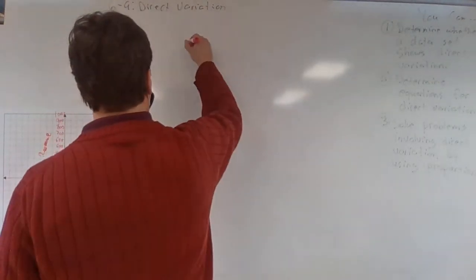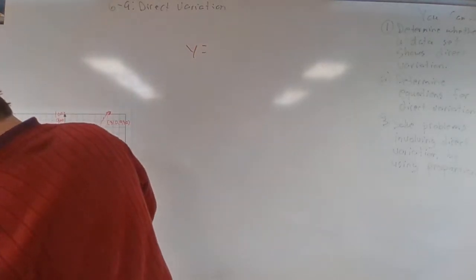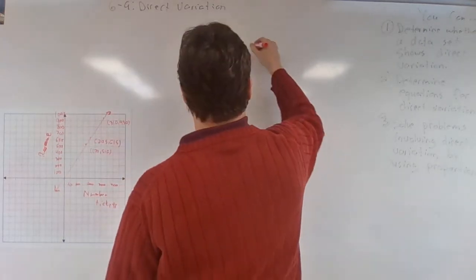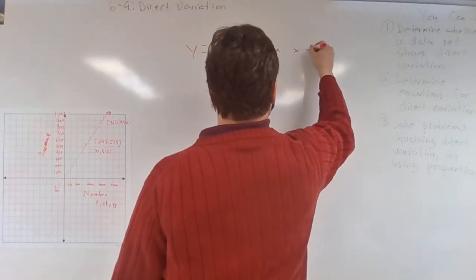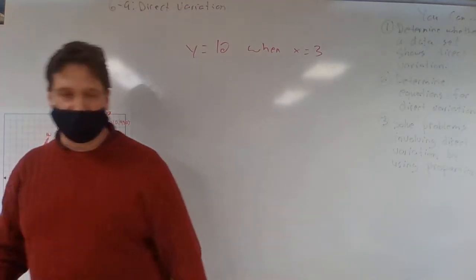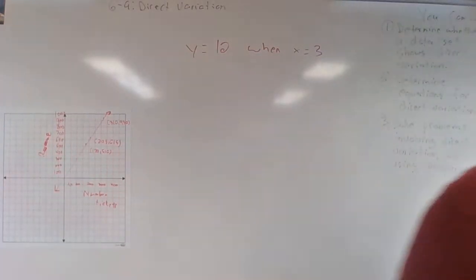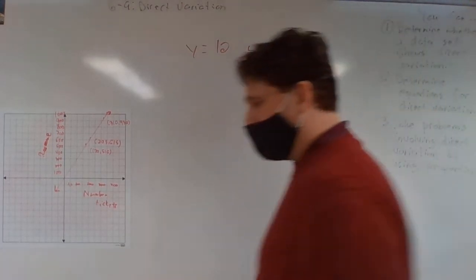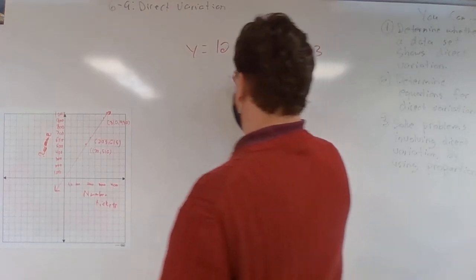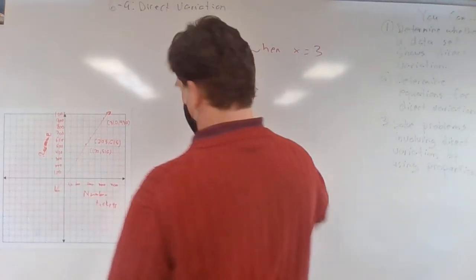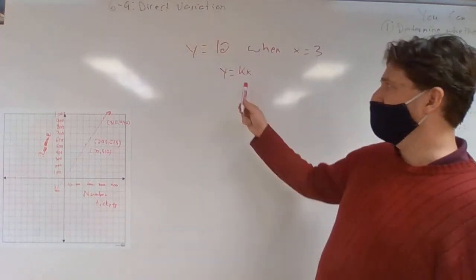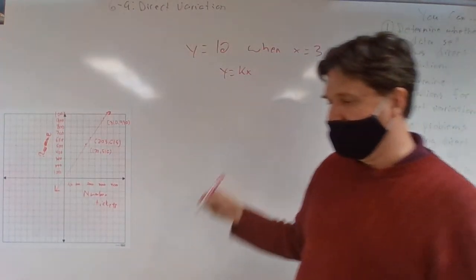Let's try some out. So what you'll see is y equals 12 when x equals 3. This is exactly how you'll see them in your homework, just like this. So I go back to my initial equation, y equals k times x. This is how I'm going to represent my final answer here.